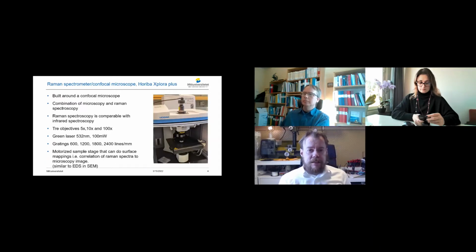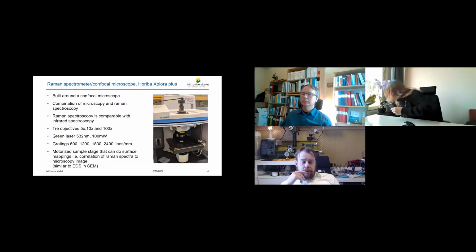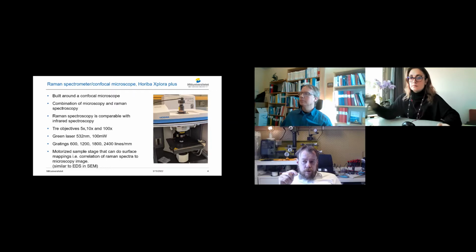The third machine that we have is this Raman confocal microscope. So this is like two systems combined. It is an optical microscope, but it has this Raman spectrometer attachment. So it is not just a Raman spectrometer, it is a spectrometer built into an optical microscope. The advantage of that is that you can measure on local sites.